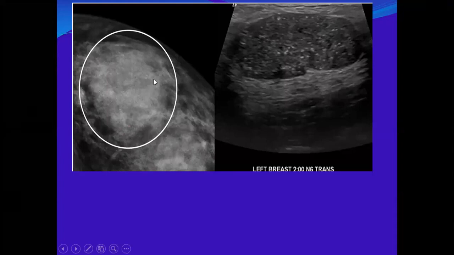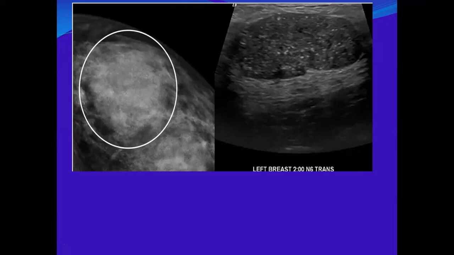Irregular margins. Is it irregular or indistinct or obscured or masked? The outer area is obscured. However, the inner part is circumscribed, while more than 70% is obscured. So this is an obscured mass. What else? More description.